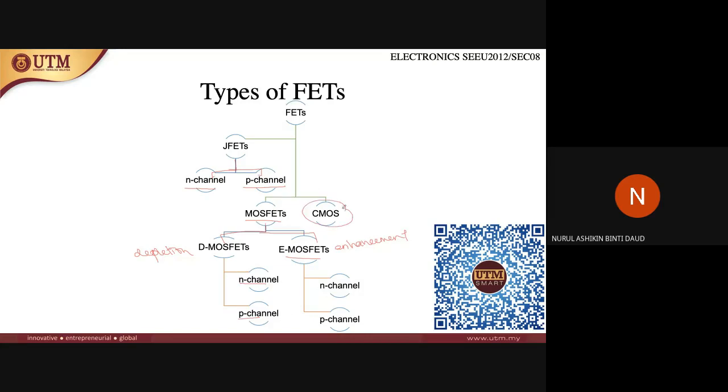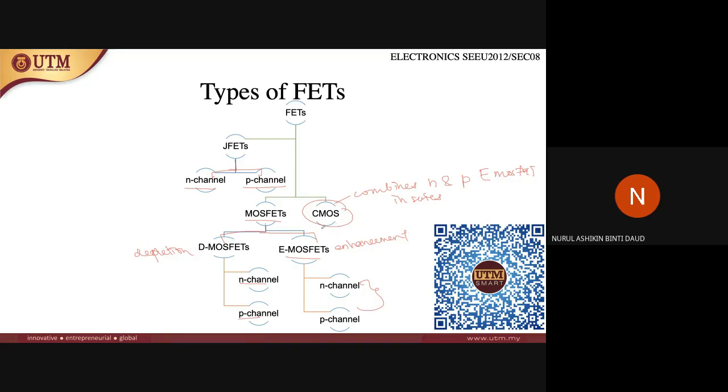And then we have CMOS FETs, where CMOS combines N and P channel of E MOSFET in series. So it is known as CMOS.